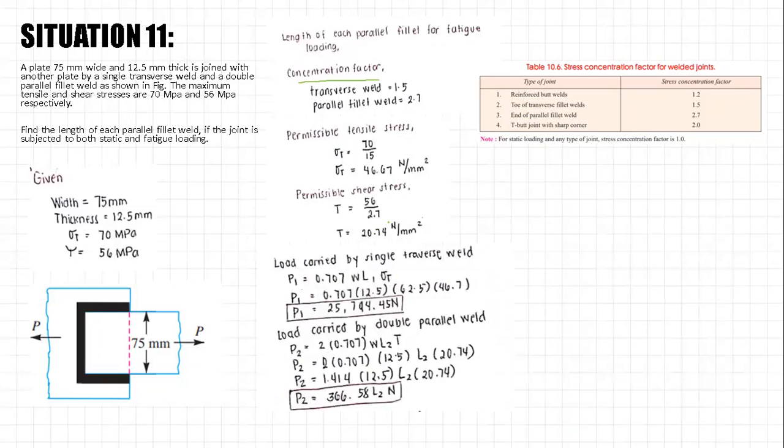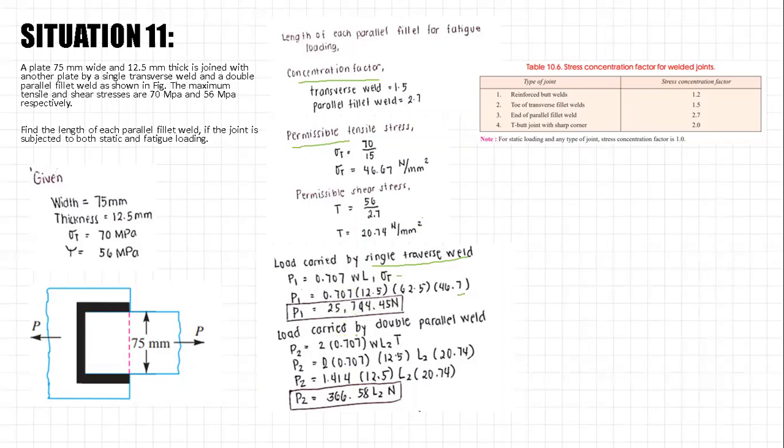Next, we get the load carried by the single transverse weld. For P1, we use the same formula we remembered earlier, and put in the values for W, L1, and the stress, the 46.7 we got from the permissible tensile stress. So we can get 25,794.45 Newton.